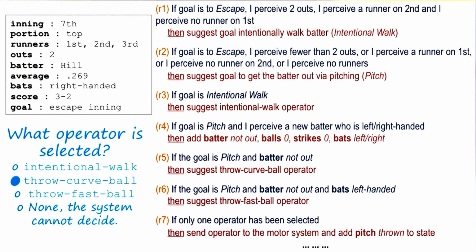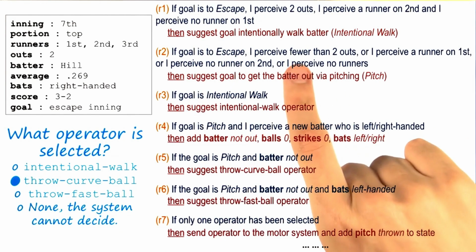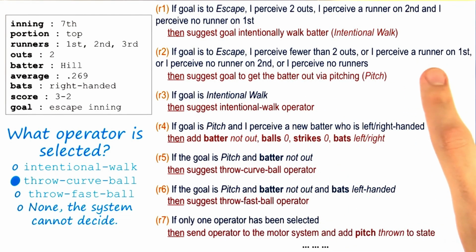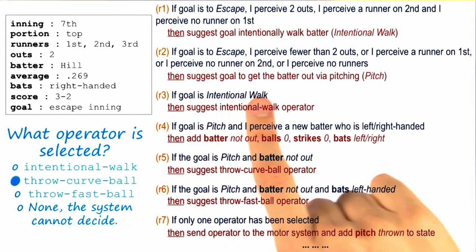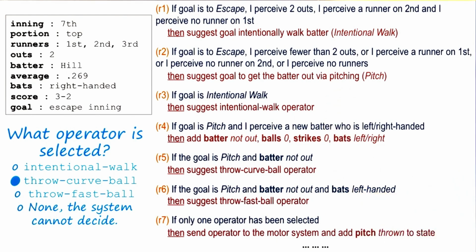So unlike last time, the first production rule won't fire because I do perceive a runner on first. Instead, while I don't perceive fewer than 2 outs, I do perceive a runner on first. So this production rule will fire, and now my goal is to get the batter out via pitching. That'll skip the next rule and come down to here. Given that the goal is to pitch and we have a new batter, we're going to add some information to our state so we can now not just keep track of the game as a whole, but we can keep track of this individual exchange with the batter.